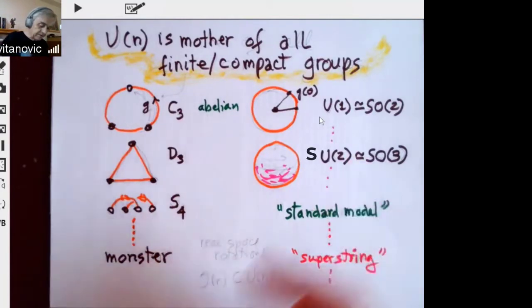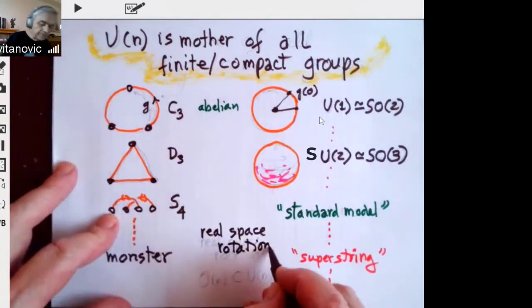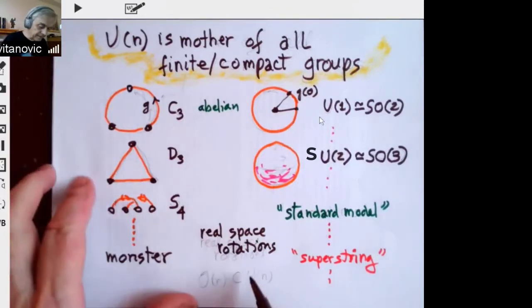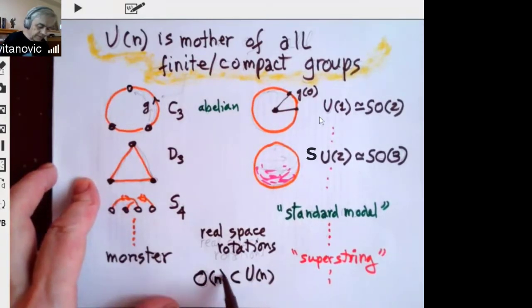And, these things are examples of the real space. Obviously, you have a complex space. If you put all imaginary components to 0, you have a real space. And equally obviously, that means that if I have a group UN, the rotation group will always be a subgroup.